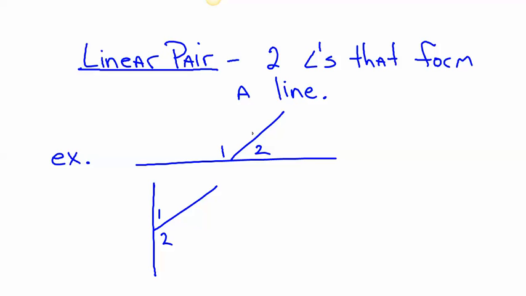What do angles 1 and 2 have to add up to here? 180, very good. So if this is 3x and this is x, how could you find out what x equals?